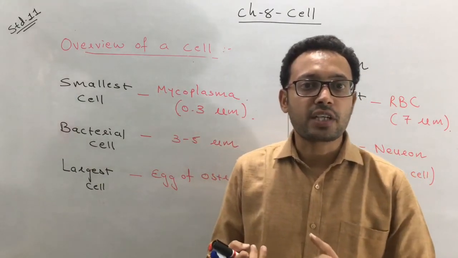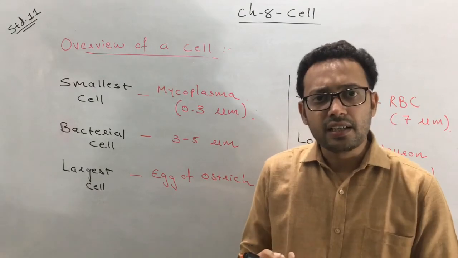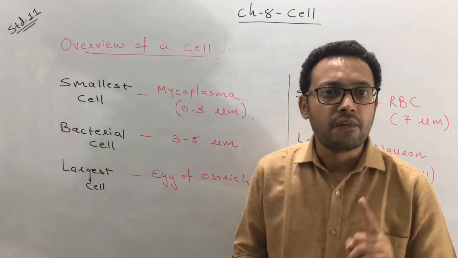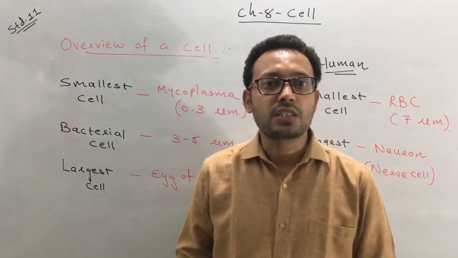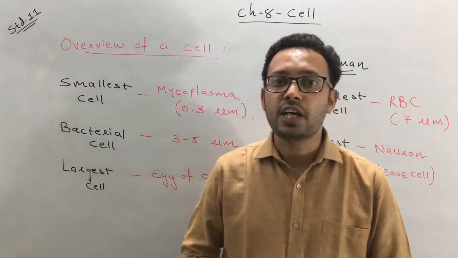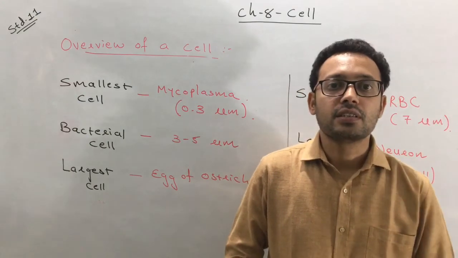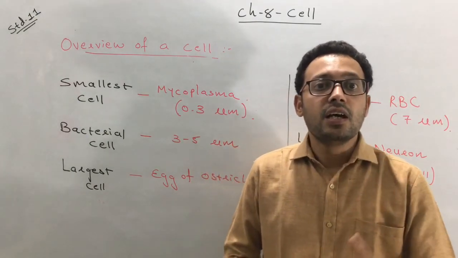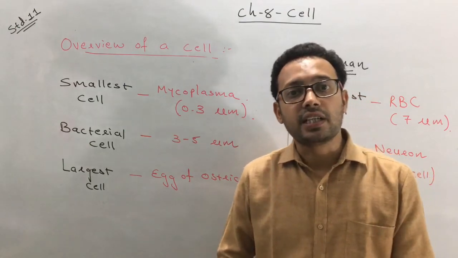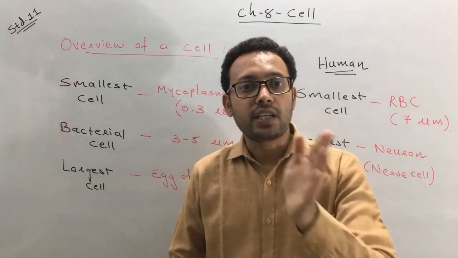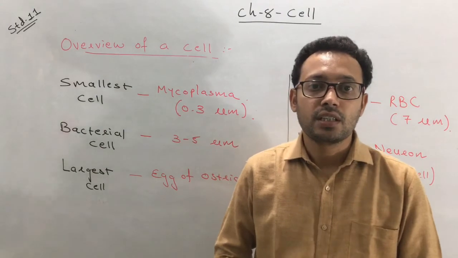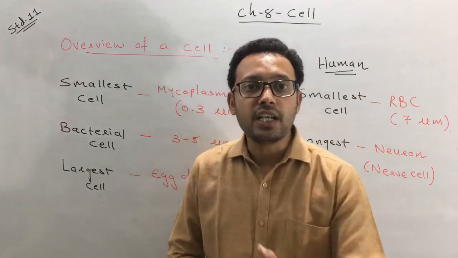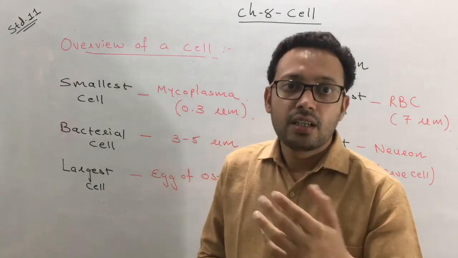The membrane bound organelles are ER, Golgi body, mitochondria, lysosome, vacuole, and microbodies. They are only found in eukaryotic cell and are absent in prokaryotic cell. Whereas the non-membrane bound organelle ribosome is present in both eukaryotic as well as prokaryotic cell. Centriole is a non-membrane bound organelle, but it is only found in animal cell.